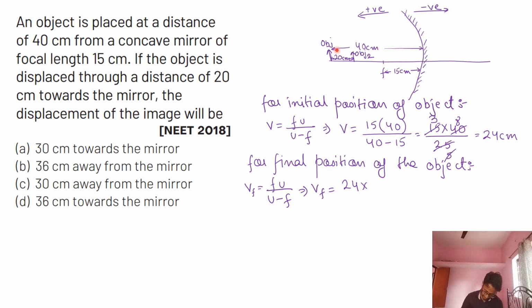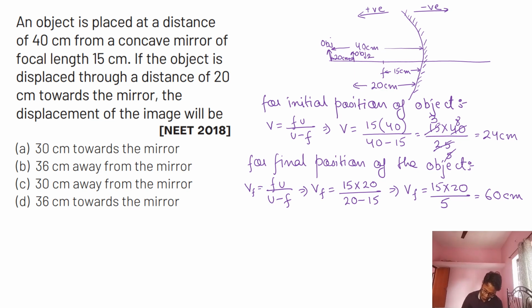See, this entire length is 40, this length is 20, so how much is the remaining length? 40 minus 20, which is equal to 20 centimeter from the pole. So v final is equal to 15 into 20 divided by 20 minus 15, which is 15 into 20 divided by 5, 5 threes are 15, so it is equal to 60 centimeter.